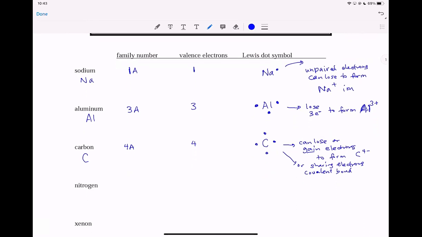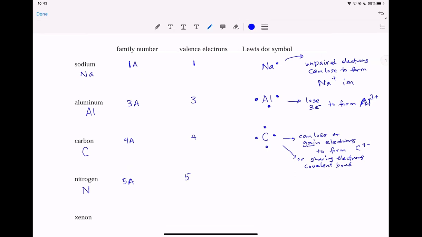Okay, this is nitrogen, the next one. So nitrogen is the element symbol N, and you want to look at your periodic table and find that it is in family 5A. So there are 5 valence electrons from that family number. You want to start with the element symbol N and then drop off 1, 2, 3, 4, and then the 5th one will pair up. So this has 1 pair and then 3 unpaired electrons.